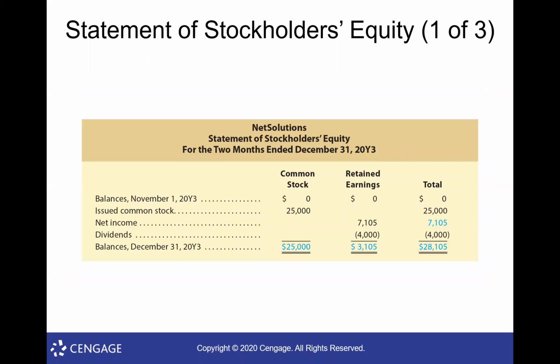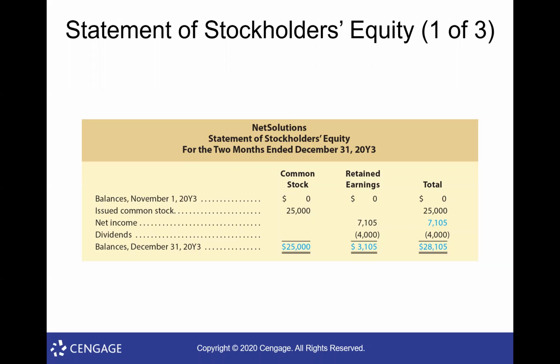All right, so the second one, the statement of stockholders' equity. Remember, this company, Net Solutions, was a brand new company. So in the beginning, they had no common stock, no retained earnings, no nothing. Then the owner issued common stock, which means the owner put money into the business, and the business issued stock to the owner in return to show that investment.